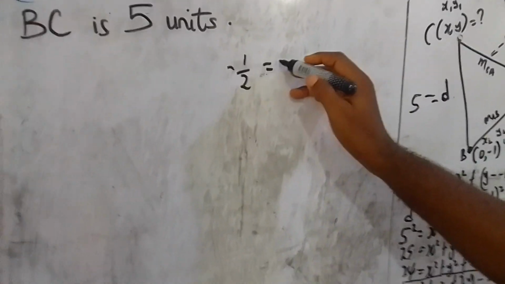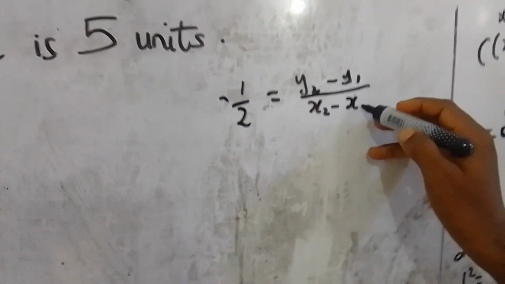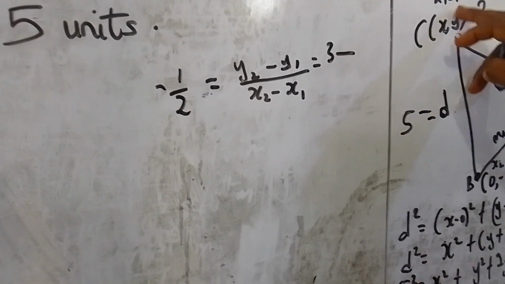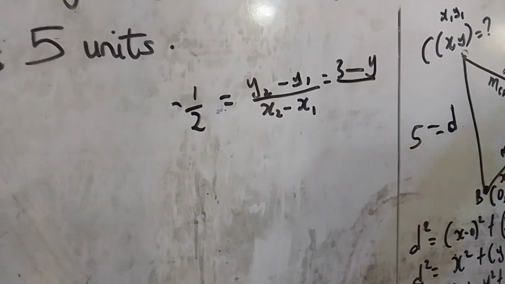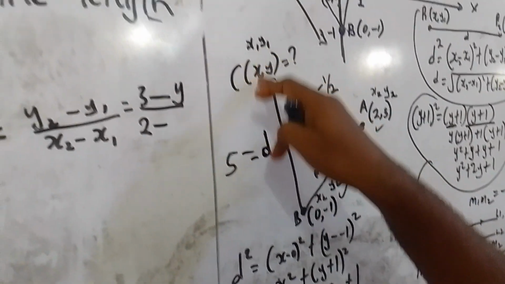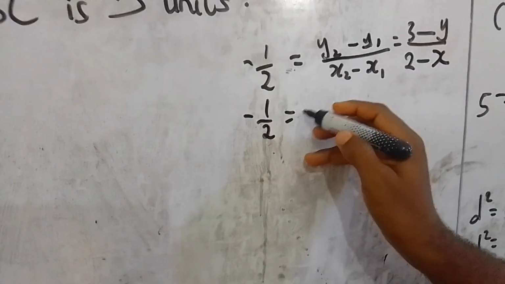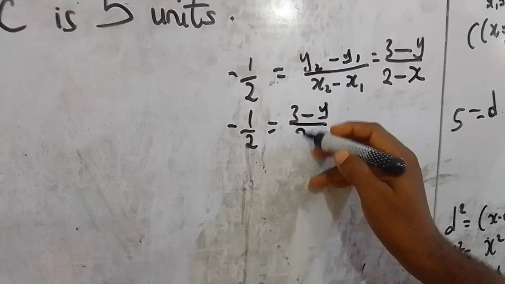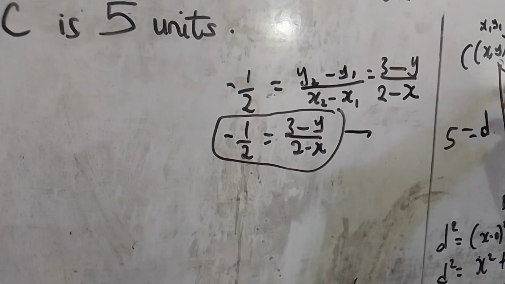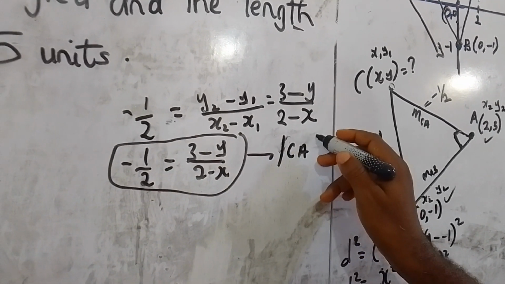So the gradient is y2 minus y1 all over x2 minus x1, and my y2 here is 3 minus my y1, which is y, divided by my x2 here, which is 2, then minus my x1 here, which is x. So I now have -1 divided by 2 is equal to 3 minus y all over 2 minus x. What I have here is the equation of line CA or AC. This line CA or AC, that's the equation.